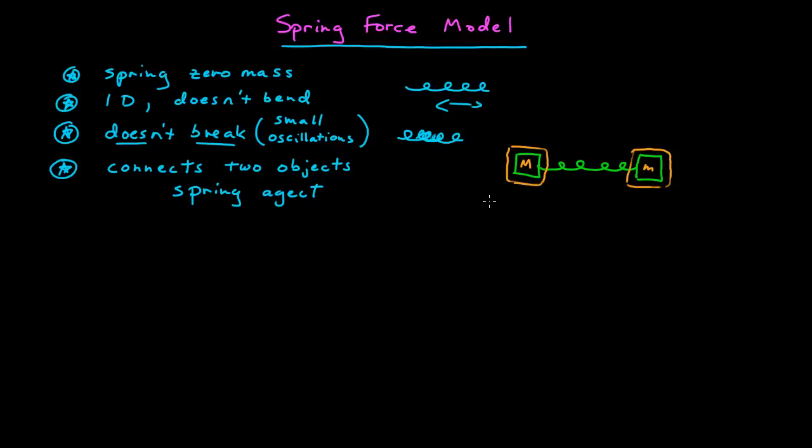Maybe it has a different mass. And if I want to know the forces on this object, there's a spring attached to it, so the spring exerts a spring force on that mass. And so we think of the spring as an agent. The spring is the agent in this context, and it exerts a force on each of the objects that it is attached to.